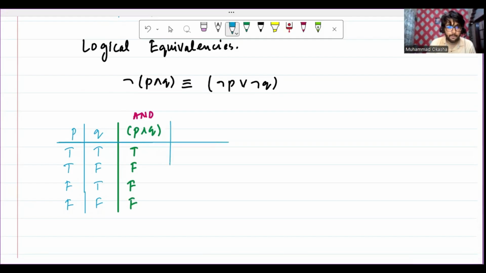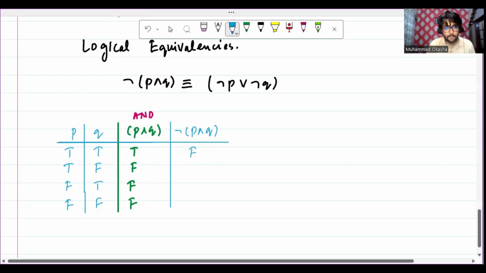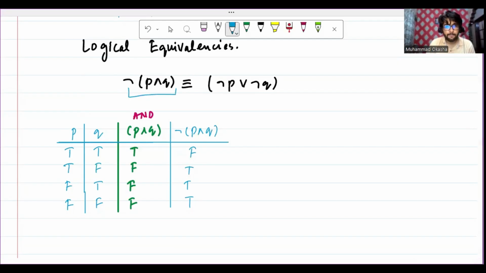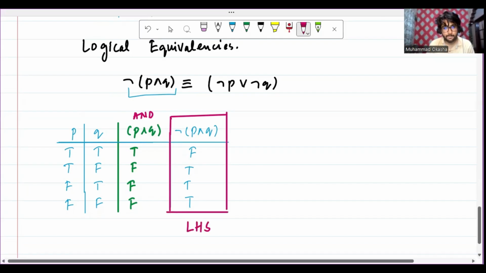I'm going to write the negation of P and Q. The negation means I have to consider this column and I'll write its opposite. So opposite of true is false and opposite of all these false is true, right? In fact, I will box it, and I'll write at the bottom, this is the left-hand side.